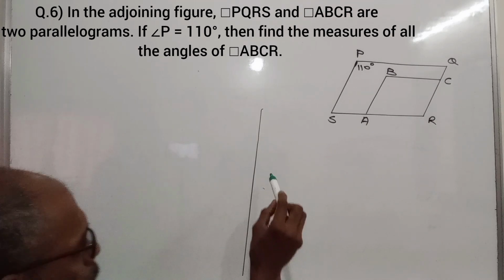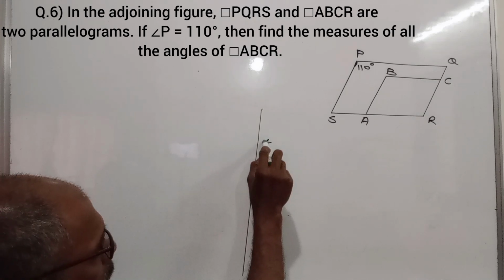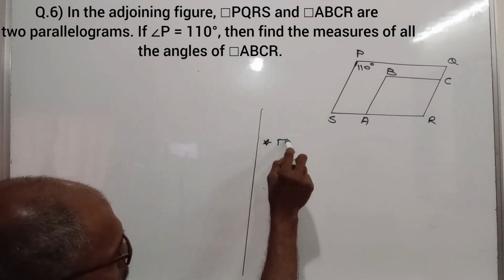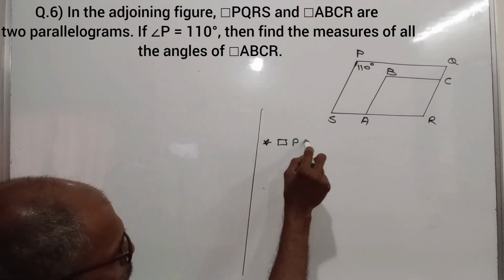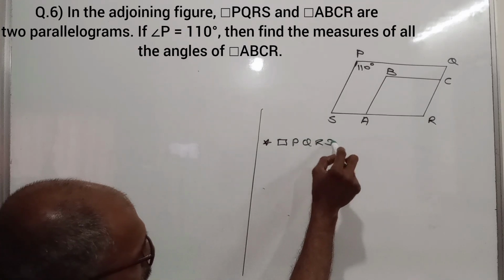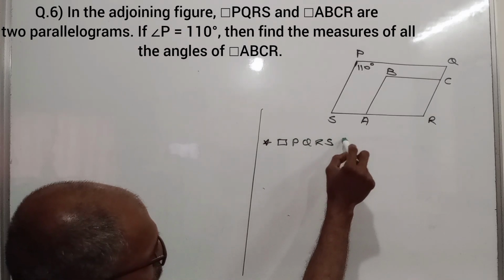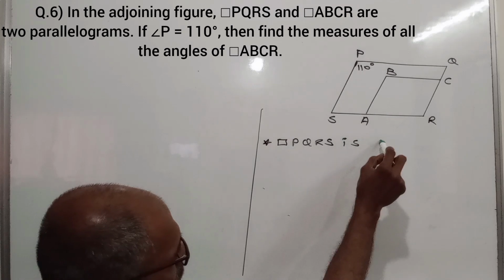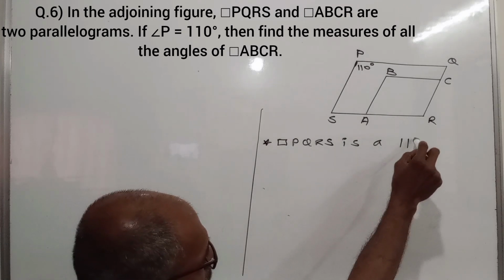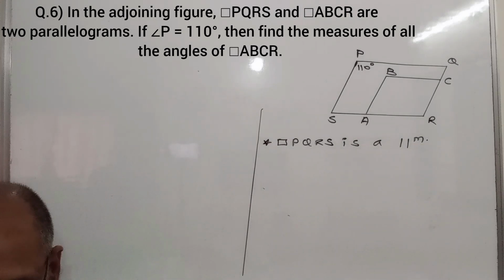Now see carefully. What is given? Quadrilateral PQRS is a parallelogram.